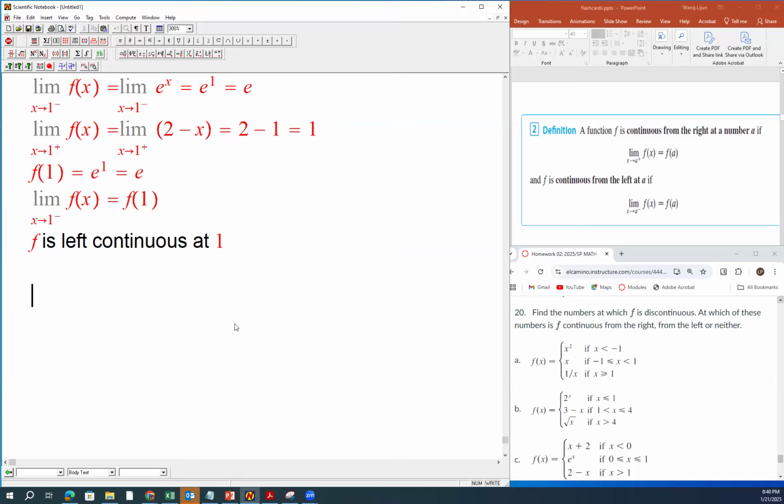But we haven't said anything about whether it's discontinuous. Of course, we need to conclude it's discontinuous. So the limit from the left of 1 is not equal to the limit from the right of 1. Thus, the limit at 1 does not exist.